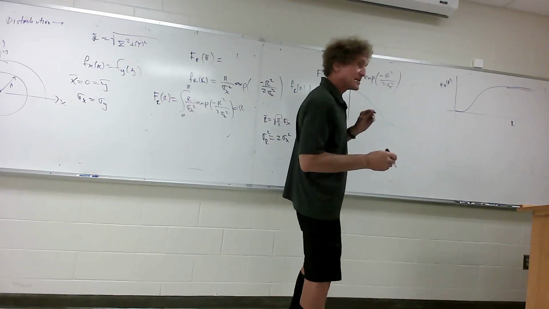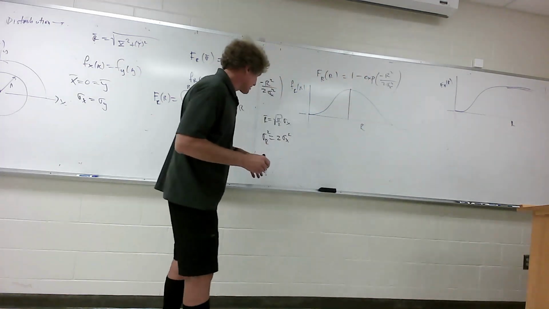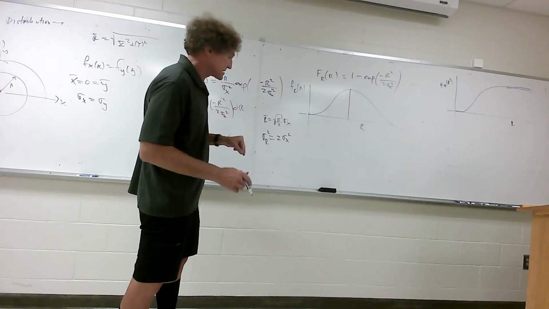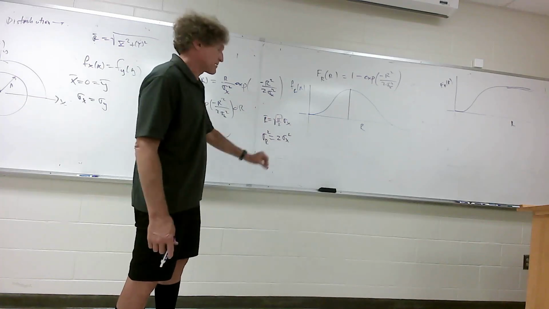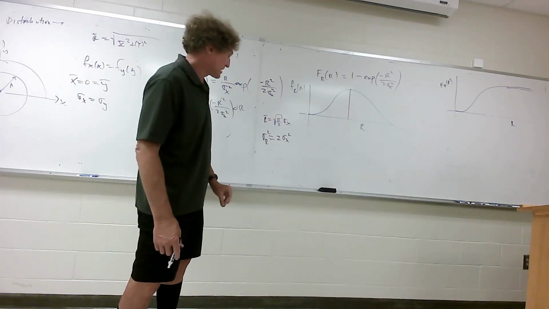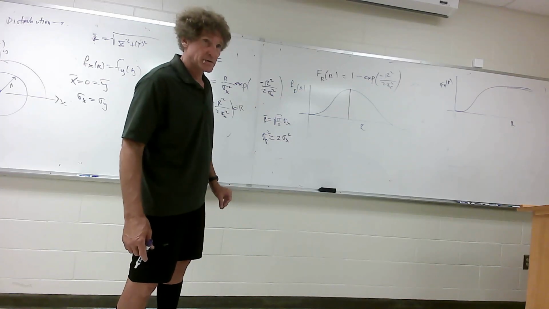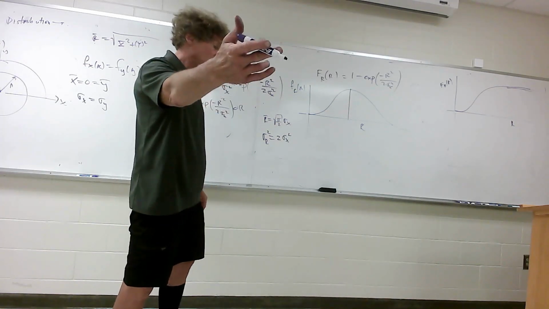If you see these density functions, what's really important to gather from this is that the mean value and the standard deviation of the random variable R is much different than the mean value or standard deviation of X or Y. That's the whole thing.